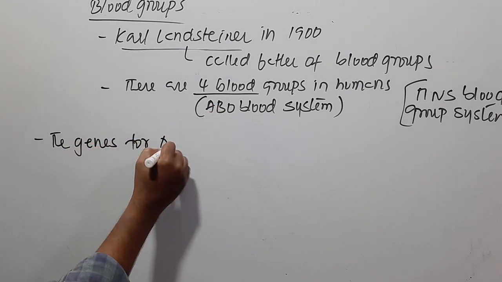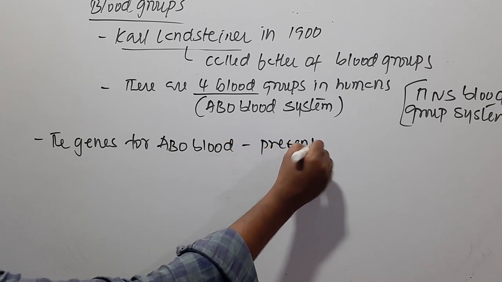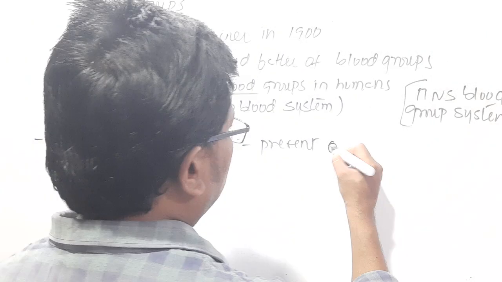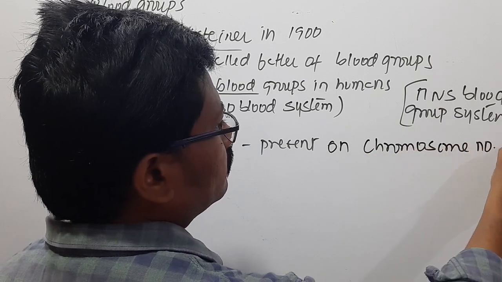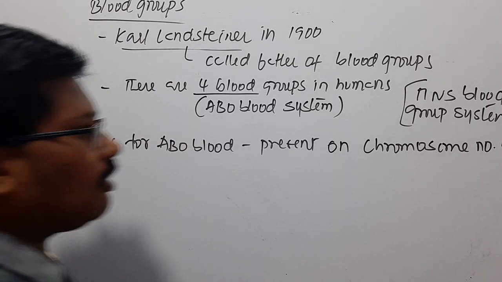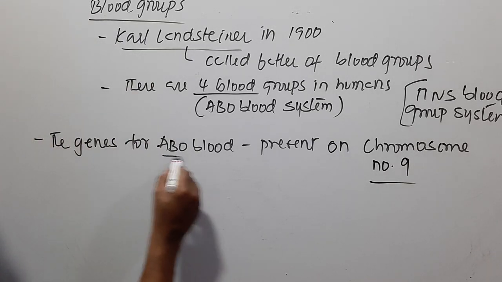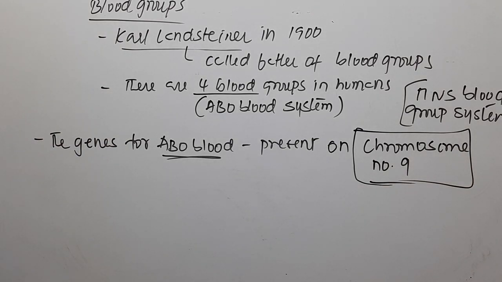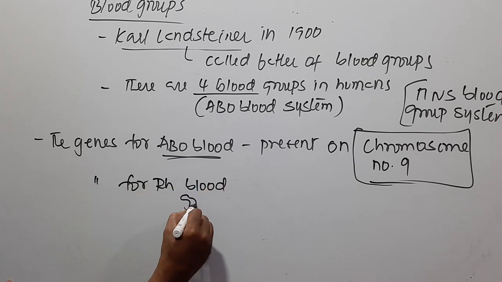The genes for ABO blood group are present on chromosome number 9. I will also give you some other information: the genes for RH blood group.